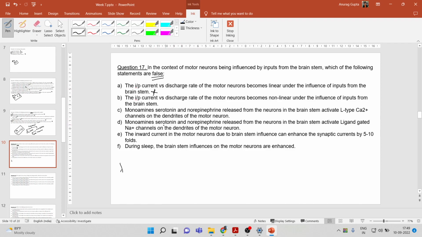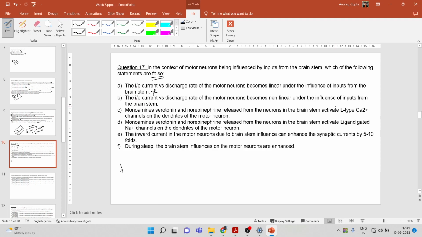Yeah, serotonin and norepinephrine, and these basically activate the L-type calcium channels on the motor neurons, and then there's a huge influx of calcium current.